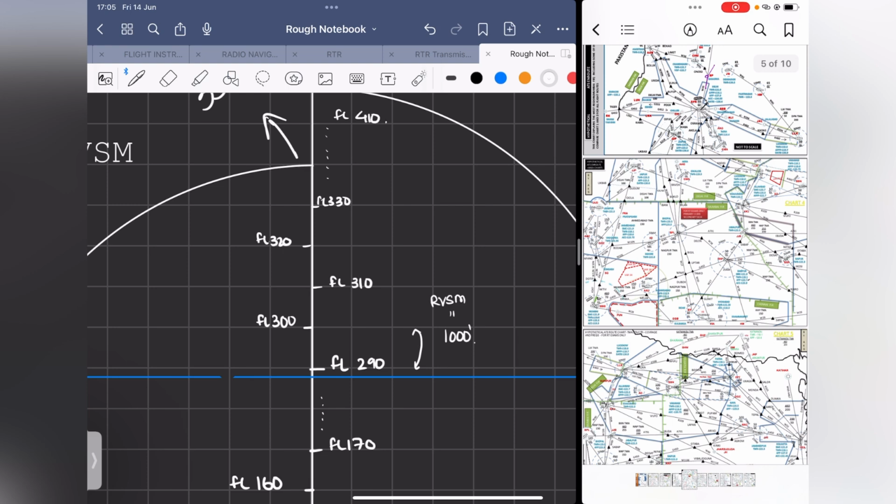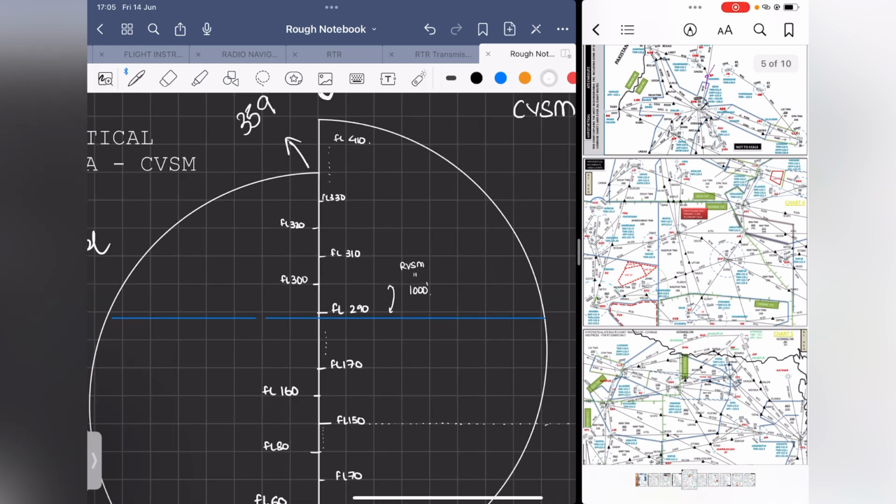Fine. So this is the crucial difference when you diagrammatically draw CVSM and RVSM. This is the difference between both of them. So now let's look at some requirements. You need to realize that the requirements to fly in RVSM are very, very strict.